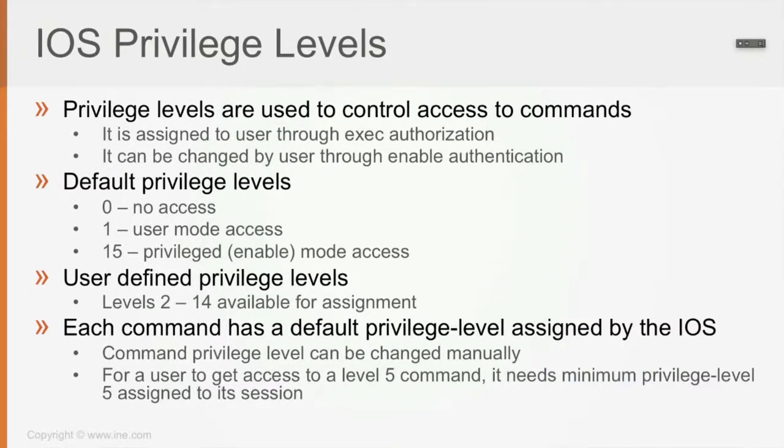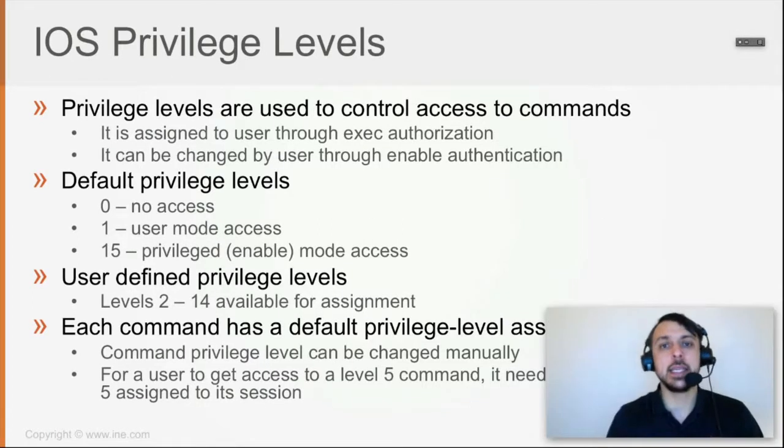Now, for a user to get access to a level 5 command, which by default there's no command associated with level 5, but let's assume there's a command which has a privilege level of 5 assigned, then the user needs a minimum privilege level of 5 assigned to its session.